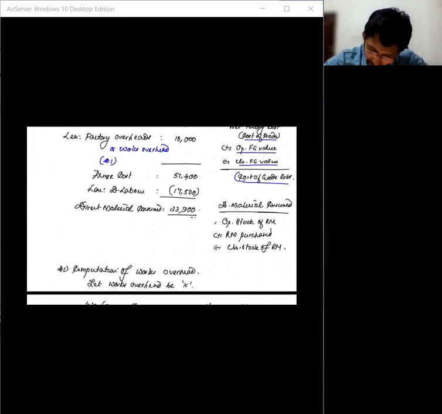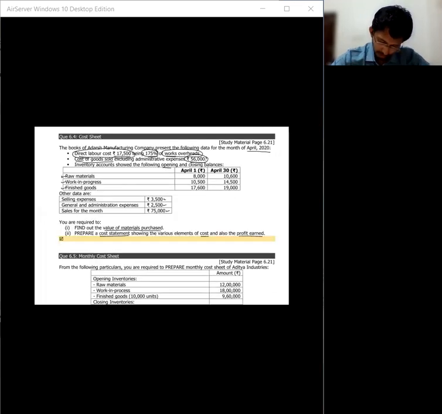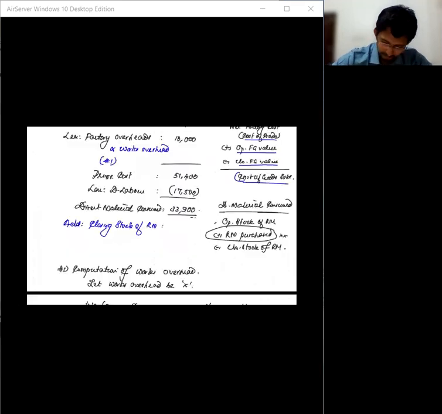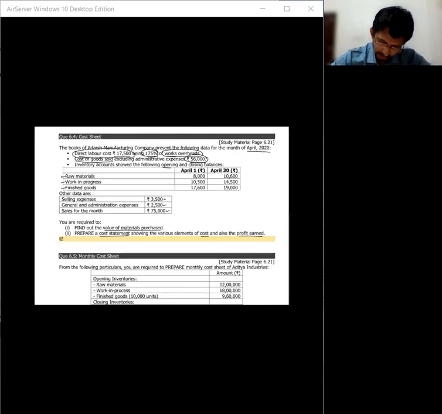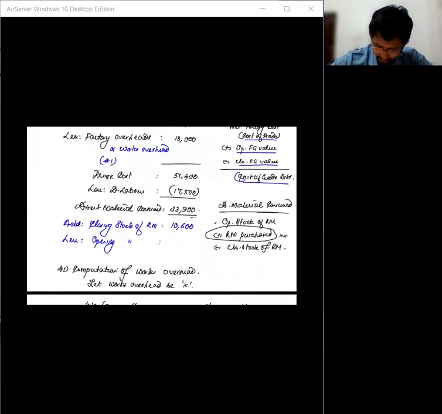Okay, so I'm applying that. Raw material consumed is 33,900. What we need to determine is the value of raw material purchased. Again you have to do the reverse calculation: add closing inventory of raw material, and less opening stock to get the RM purchased. Closing inventory of raw material is 10,600, less opening stock of raw material, that is 8,000.